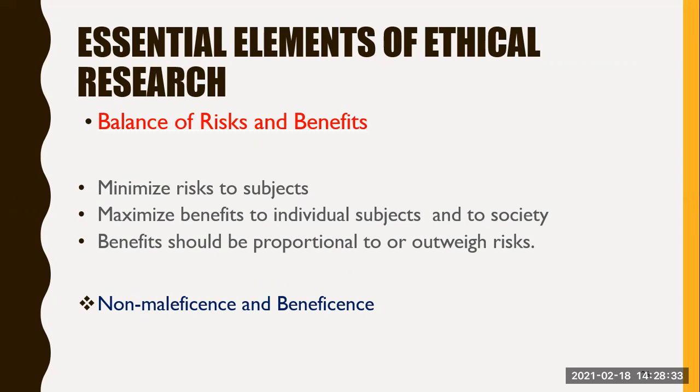So we have to minimize the risk to the subjects. Also, at the same time, we have to maximize the benefits to individual subjects and to society at large. So benefit should be proportional to or outweigh the risk. So non-maleficence and beneficence is what we are talking about.